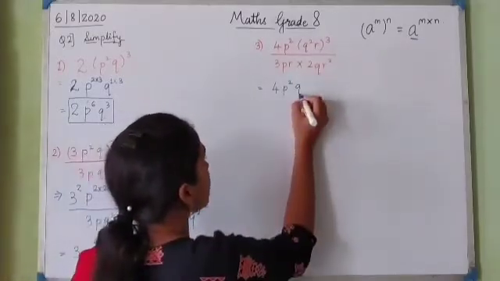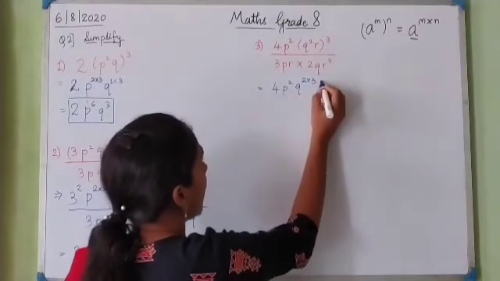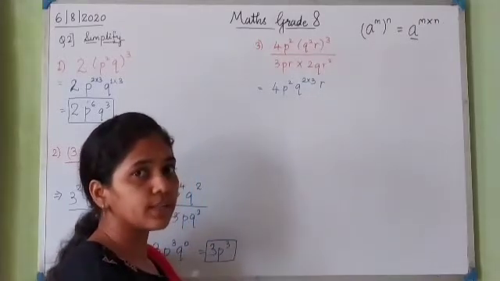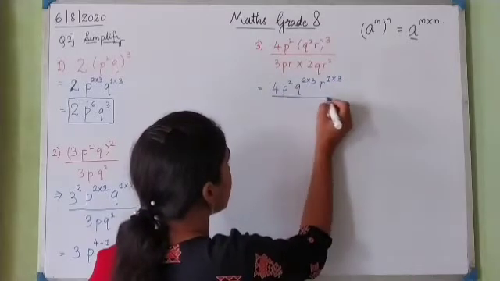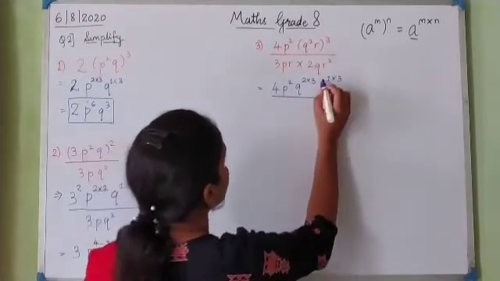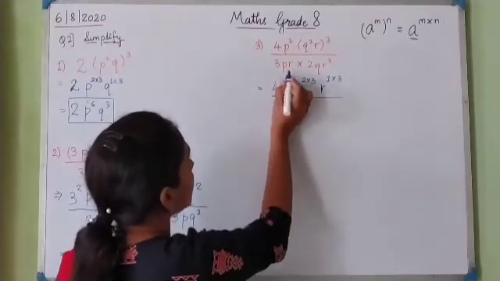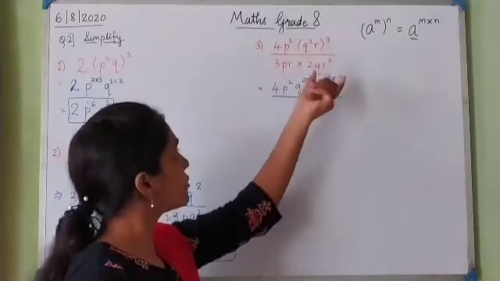So this will be q raised to, this 2 will be multiplied by 3, and r raised to, r is not having a power, that means its power is 1. So that will be 1 multiplied by 3 divided by this, everything is divided by 3pr will be same. Now here we can see that there are two things which are multiplied.